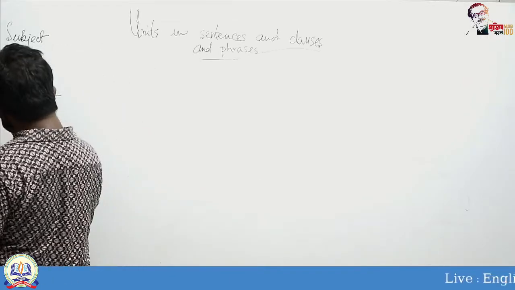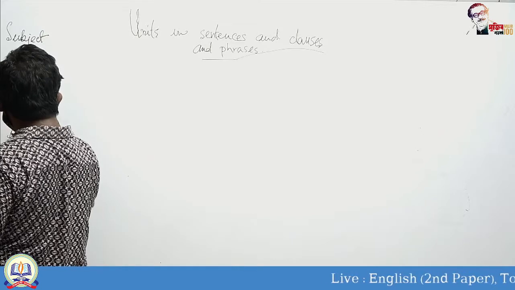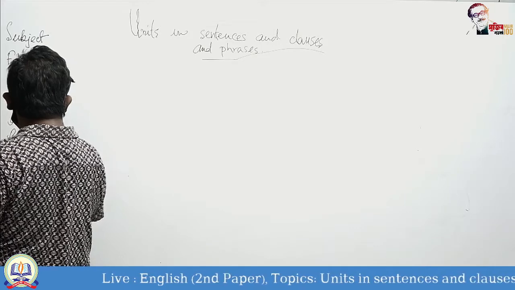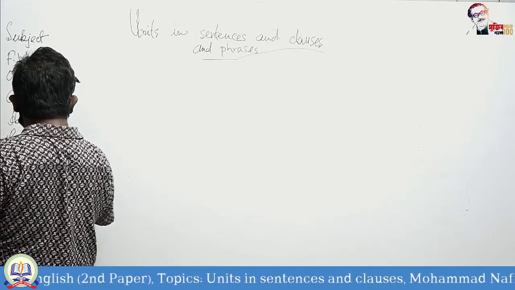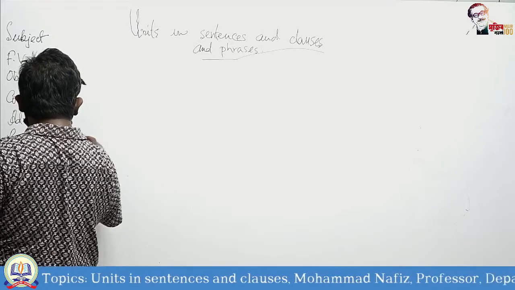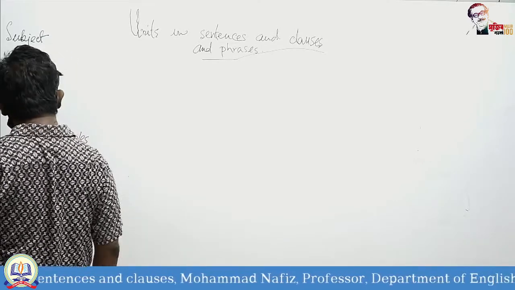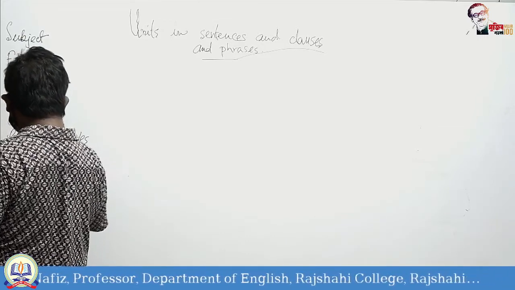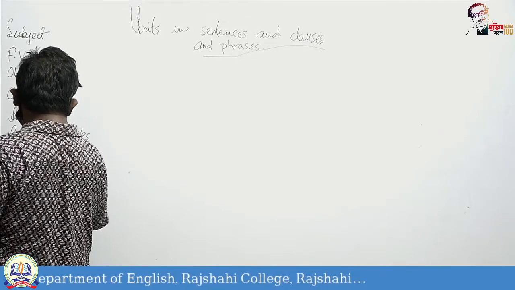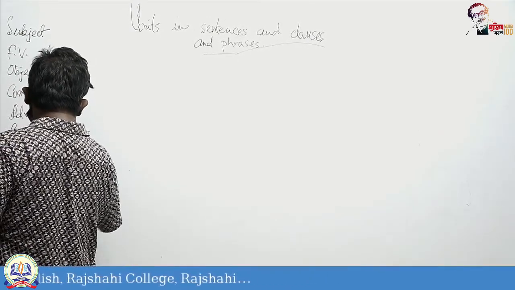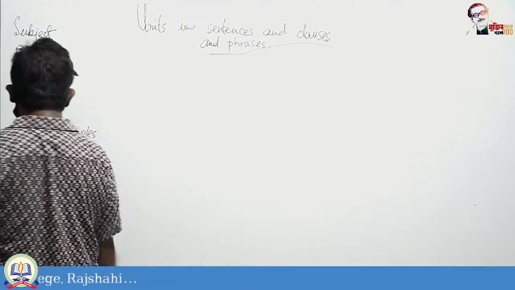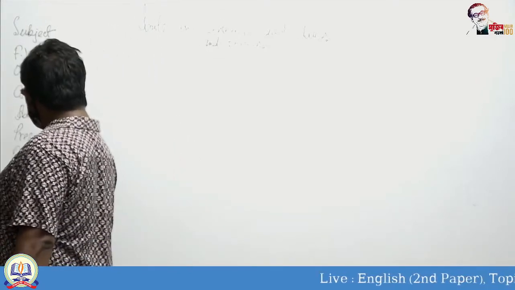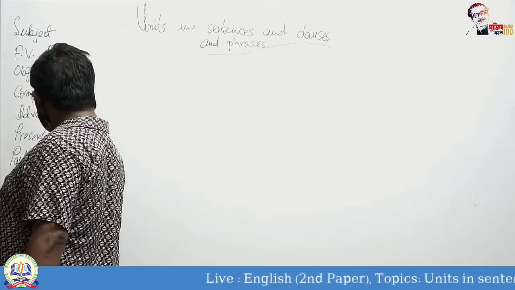I told you that there are three types of non-finite verbs: present participles, past participles, and infinitives.